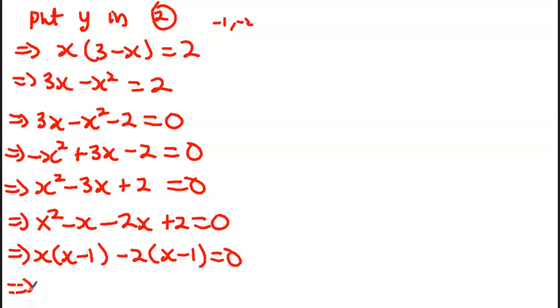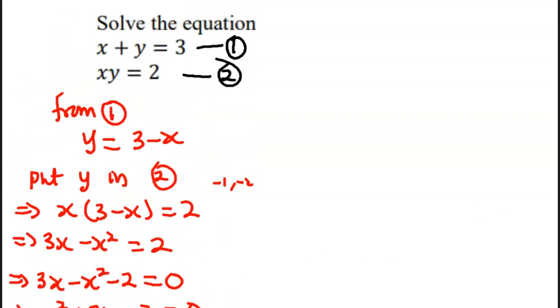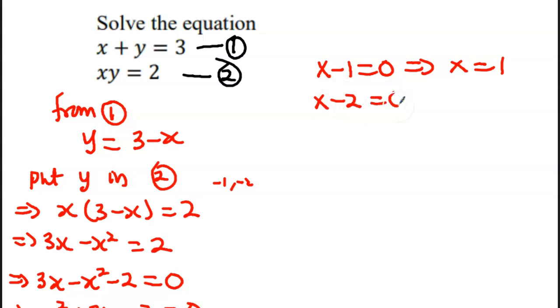So we have (x minus 1)(x minus 2) is equal to 0. When x minus 1 is equal to 0, it implies that x will be equal to 1. Then when x minus 2 is equal to 0, it implies that x will be equal to 2.